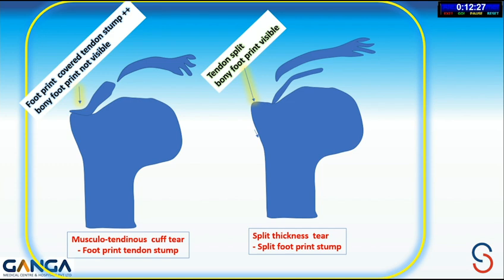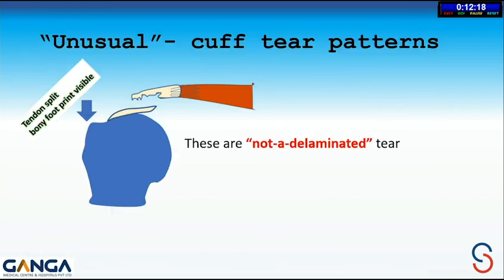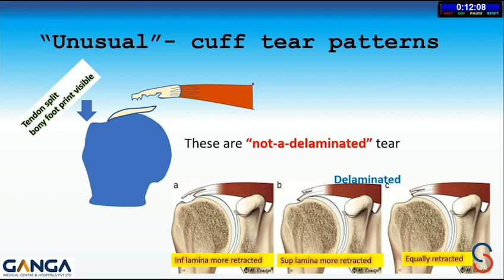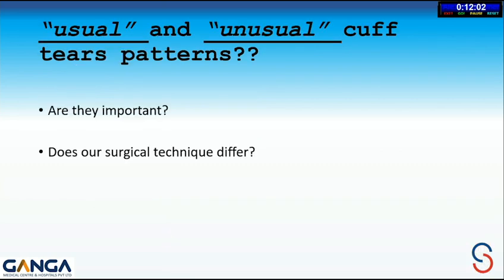The split, the delamination, has gone with the greater tuberosity rather than with the cuff tissue, and that forms the split thickness tear. These are not classified, and these are not delaminated tears, but unusual cuff tears. The delaminated ones stay with the tendon and the muscle tissue.